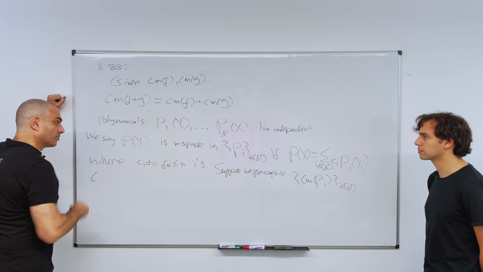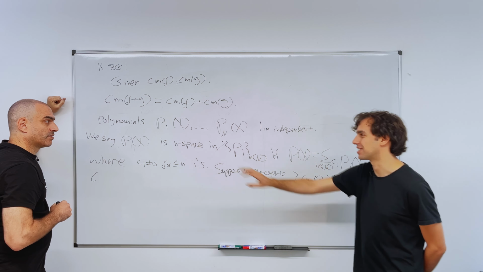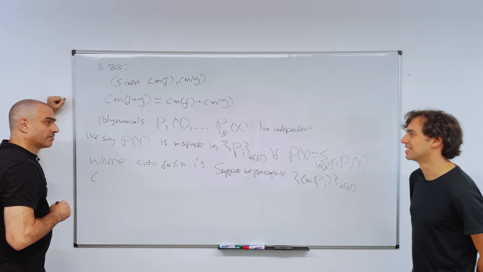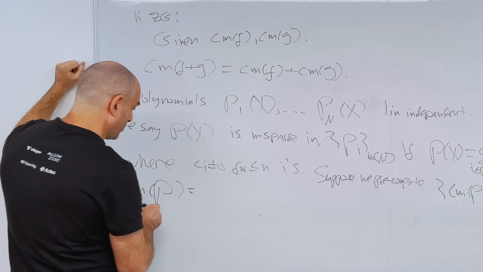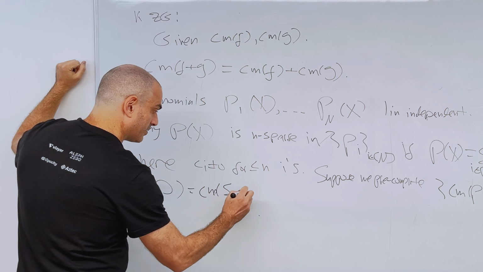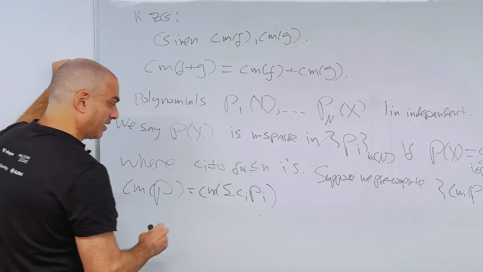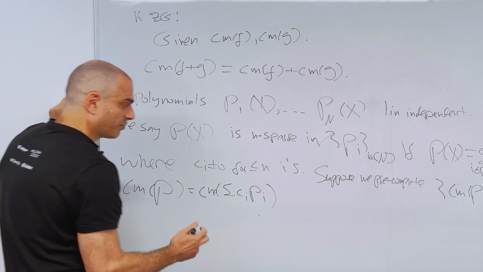I mean, we can guess from the big N's and small n's that you're using that probably this is going to be our table stuff. Exactly. So we can now compute the commitment to P. If we write P as the sum of ci Pi, and now we use the linearity of KZG, this is the same as the sum of ci times the commitment of Pi.